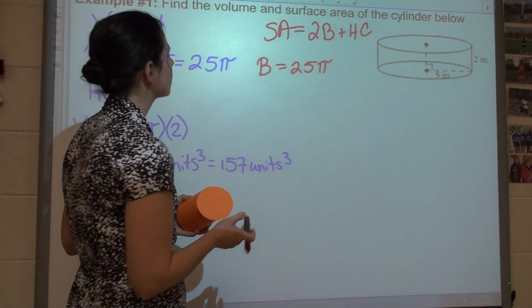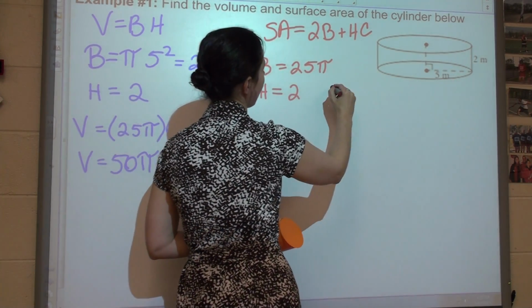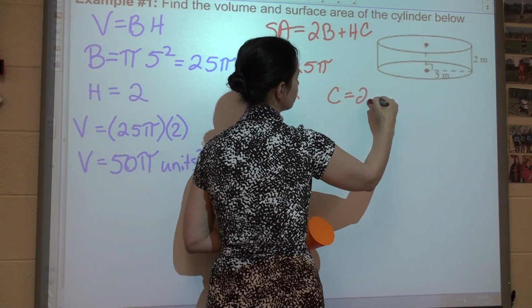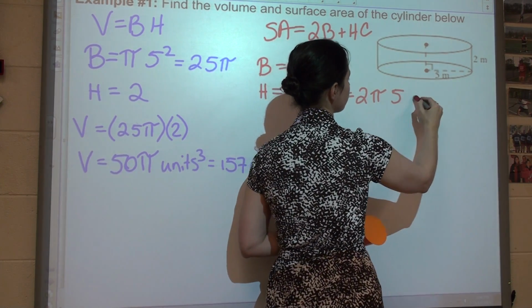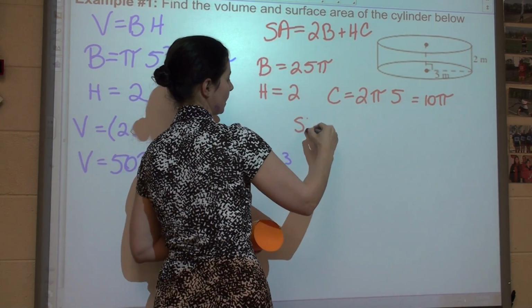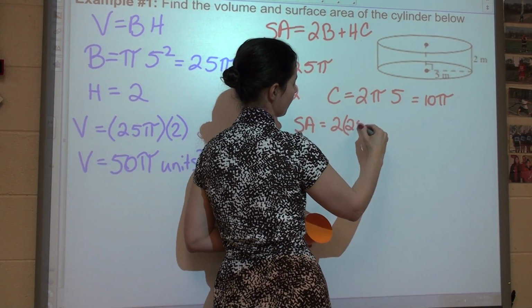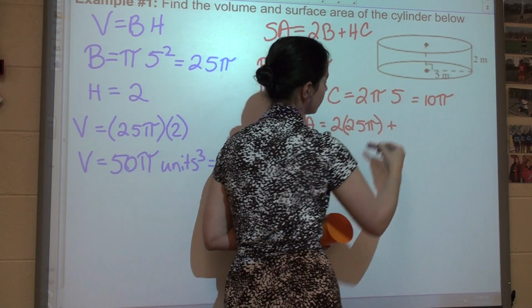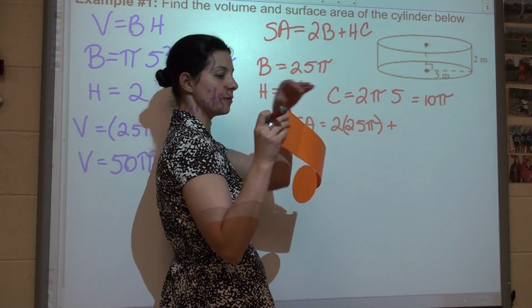So, the height we already have as 2. And then for my circumference, which is going to be 2 times pi times my radius, which is 5. 2 times 5 will give me 10. So for my surface area, I've got 2 times the area of my base, which is 25 pi, which are my 2 circular bases. Plus my rectangle, which has a height of 2.